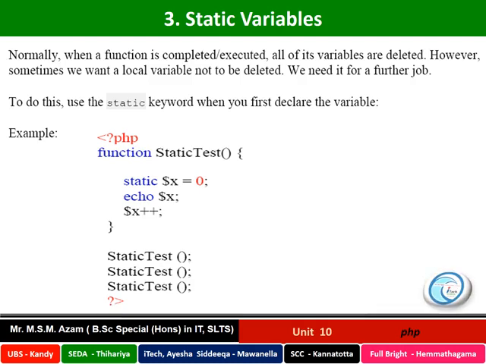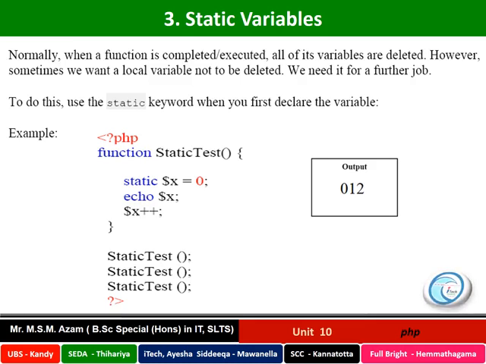The value assigned to that variable equals 0. Then I say echo x. Then x plus plus. That means we are applying an incrementing operator, and I am going to call that function static test 3 times. When you execute this code, you will get 0, 1, 2 as the output.